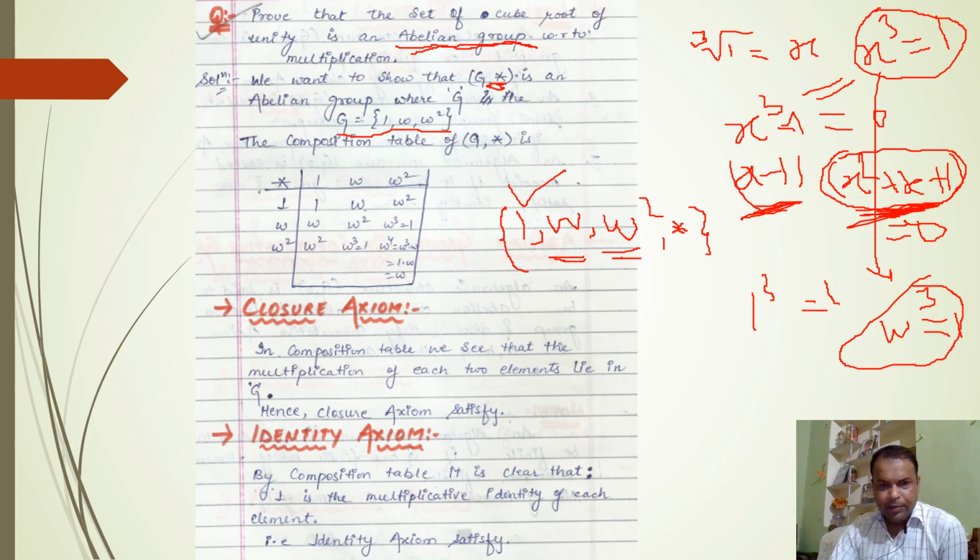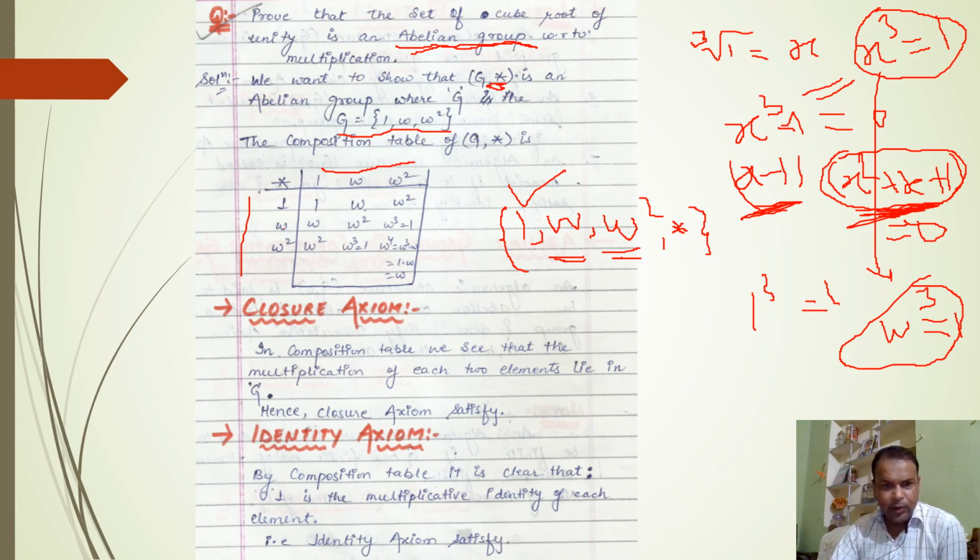Now we have constructed here a composition table. In the composition table we have multiplied each element by each. Here we are writing these 3 elements first row-wise and second column-wise. This is the operation. Now we are multiplying: 1 into 1 is 1, 1 into omega is omega, 1 into omega square is omega square, omega into 1 is omega, omega into omega is omega square, and omega multiplied with omega square gives omega cube, and we know that omega cube equals 1.